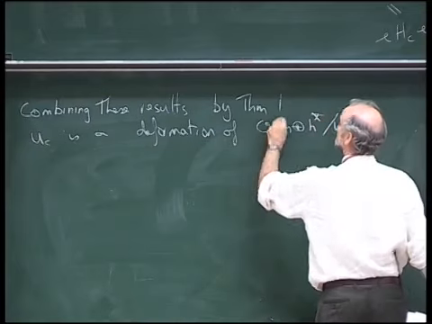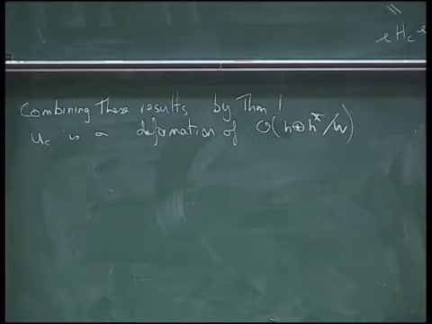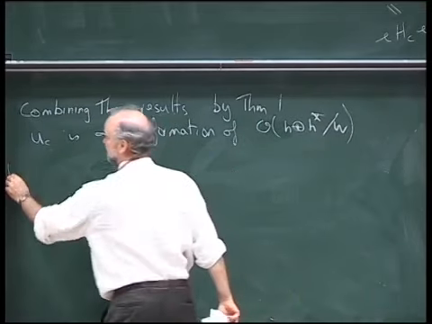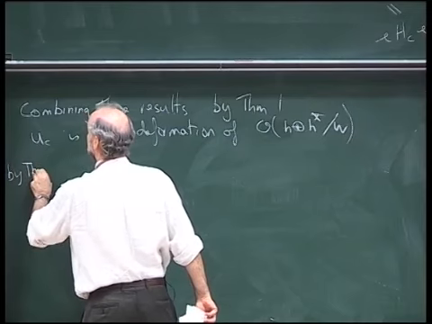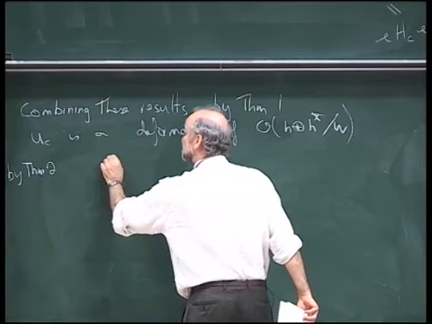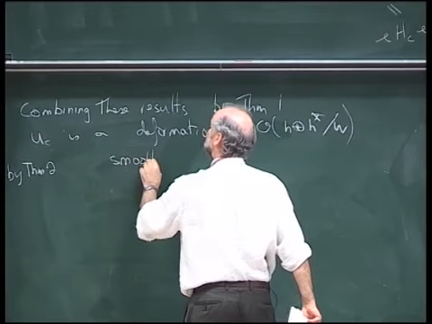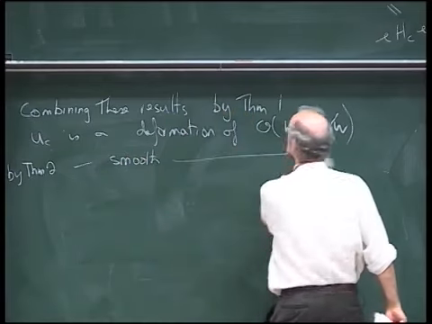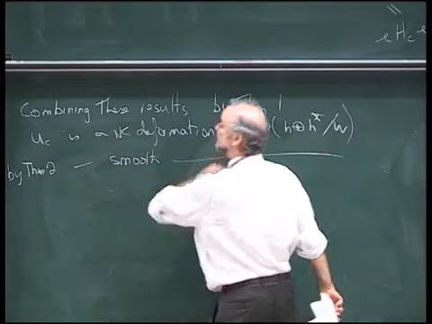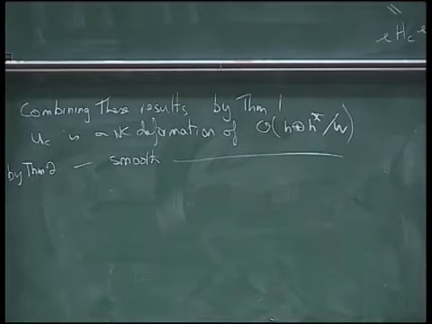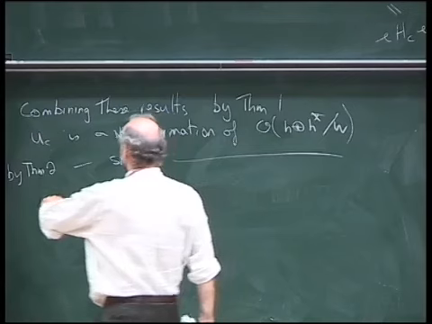Maybe I won't be so lazy, I'll put the O in there. And then by theorem 2, it should be smooth. If you like, this is a non-commutative deformation. So as such, it should be more like the Hilbert scheme.